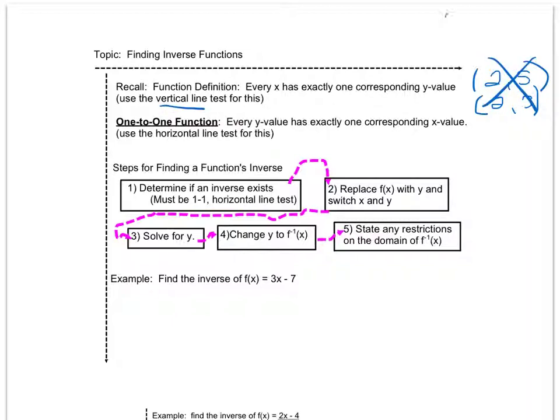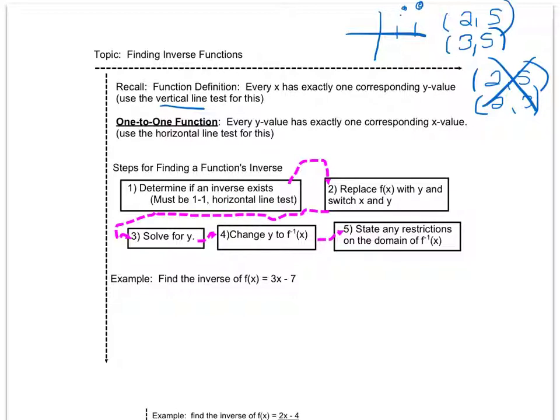However, I could have the point (2, 5) and the point (3, 5), because even though I have an overlapping y value, I still would have passed the vertical line test if both 2 and 3 shared a corresponding y value. So that would be a function.